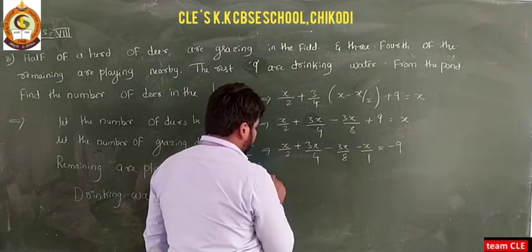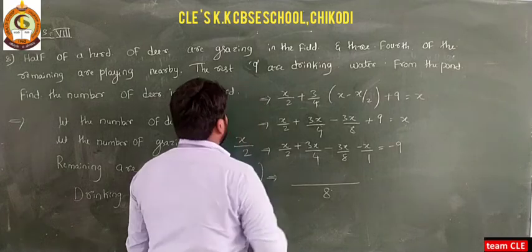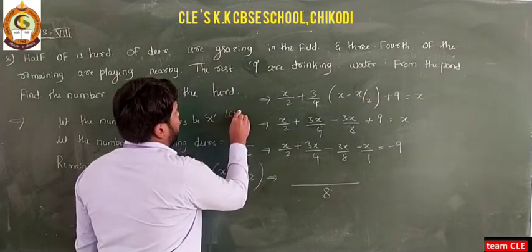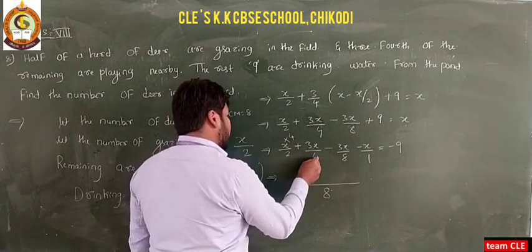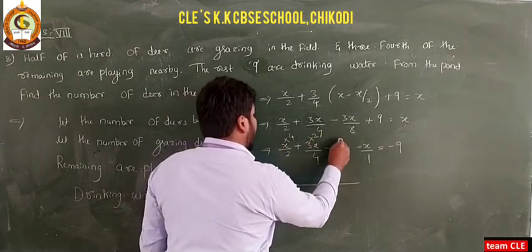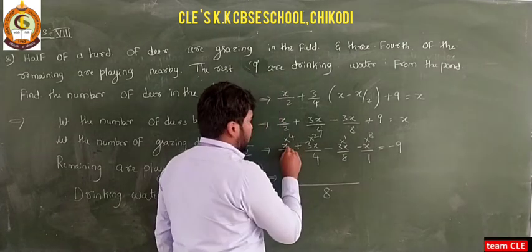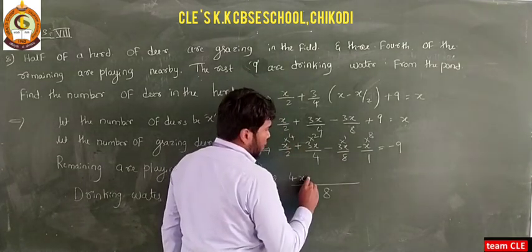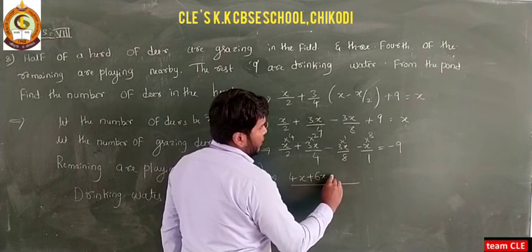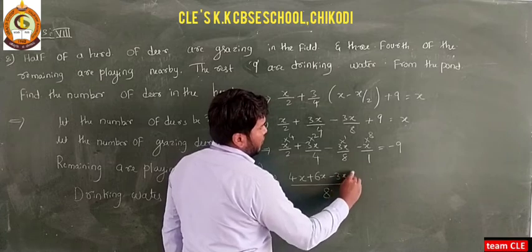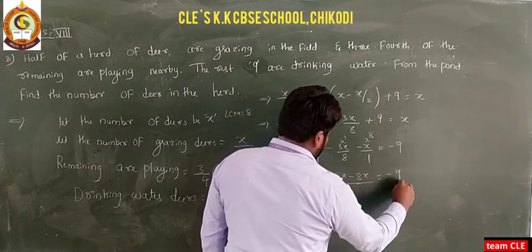The LCM of 2, 4, 8 is 8. So 2 4s are 8, 4 2s are 8, 8 1s are 8, and 1 8 is 8. So 4 into x is 4x. Next, plus 3 2s are 6x, minus 3x, minus 8x, which is equal to minus 9.